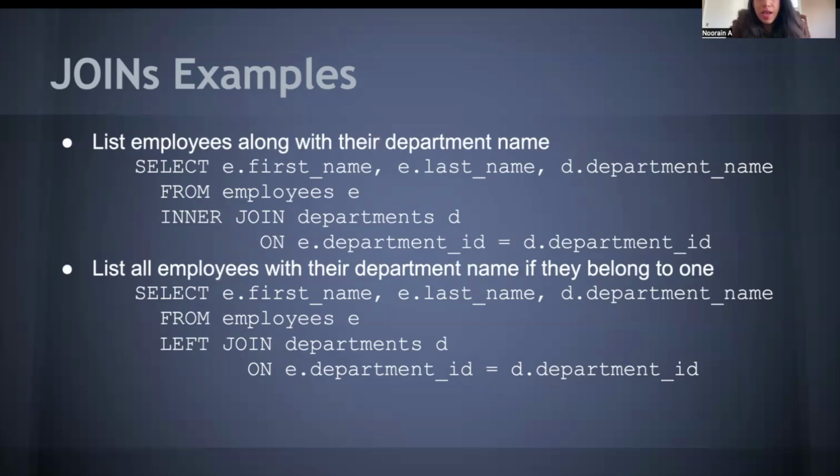Now, what is the E after the employees here? You might ask, what is that letter E? E is for aliasing. What that means is, instead of spelling out employees all the time, I'm giving it a short name, called the table E. You can nickname them. So when you see employees space E, that means going forward you can reference this table as E. People do that because usually table names are very long and you want to alias them so that it makes the code more readable.